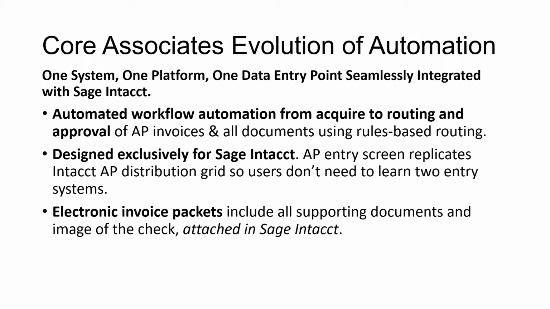And then we also create on the back end what we refer to as electronic packets, meaning if you were inside Sage Intacct and you wanted to drill down to the invoice level, you can see everything from the initial invoice image through the supporting documents down to the actual payment document.